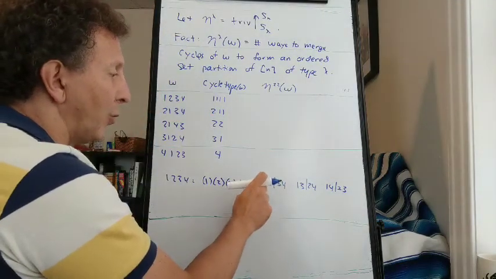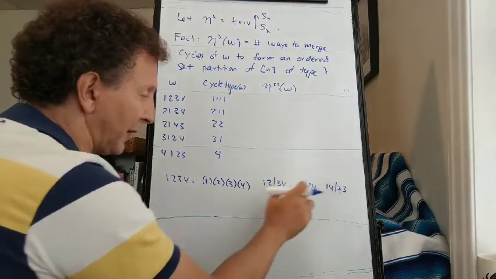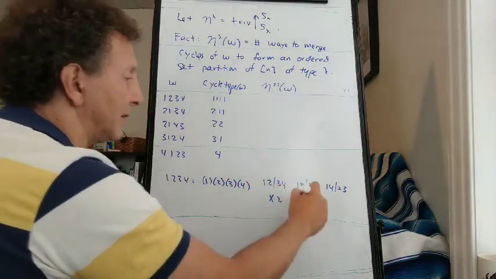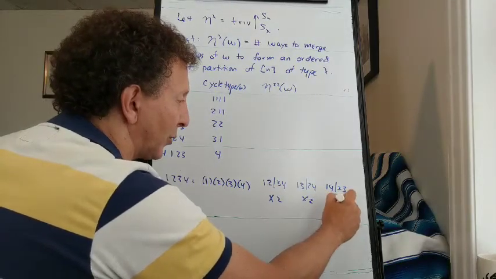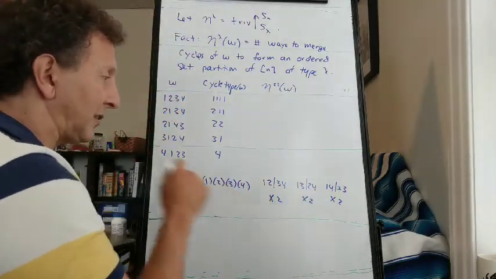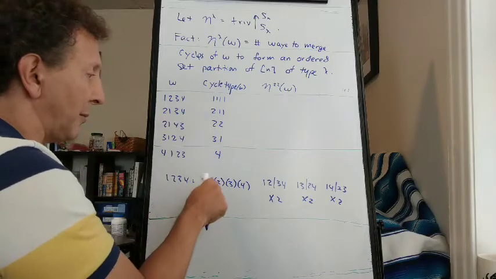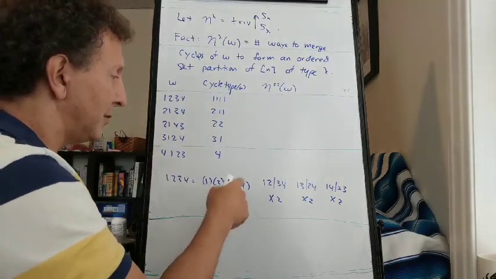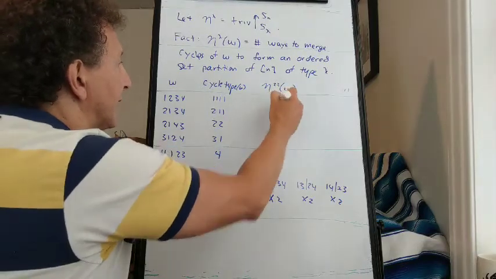And then we could put 1 in the second block. So we could just switch the order of these, switch the order of these, switch the order of these. So we've got 6 total ways to combine these to get ordered set partitions of type 2, 2. So that's 6.